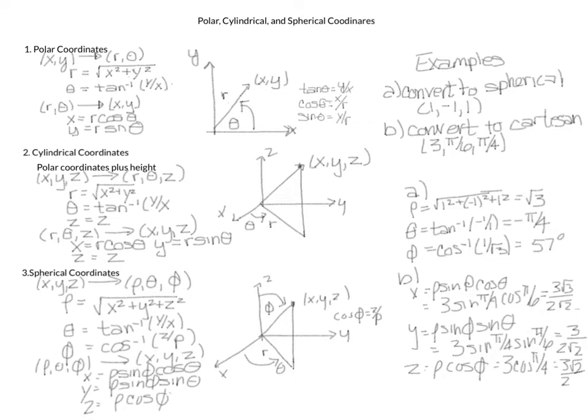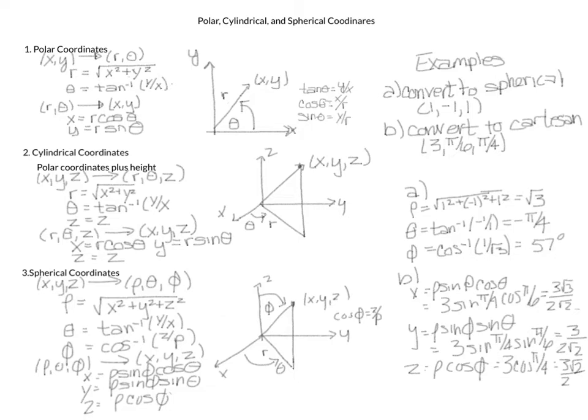Part B, we are given spherical coordinates, and we want to convert to Cartesian. So we will use these formulas here. So x will equal rho cosine theta sine phi. So here's my rho, cosine theta, sine phi. Y will equal rho sine theta sine phi.